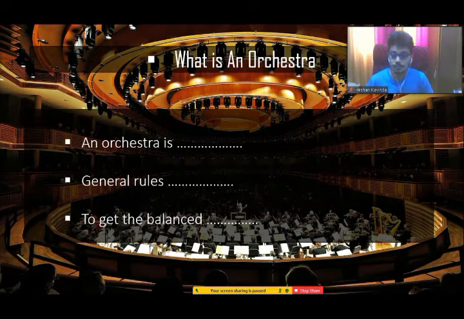So finally, there are four categories in an orchestra. In general, it's called an orchestral family. So now, I invite Isuru to talk about the beginning and evolution of the orchestra.